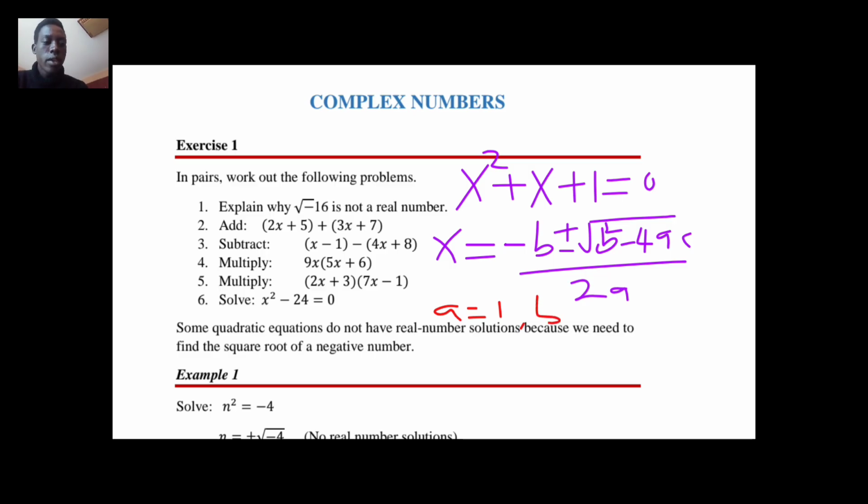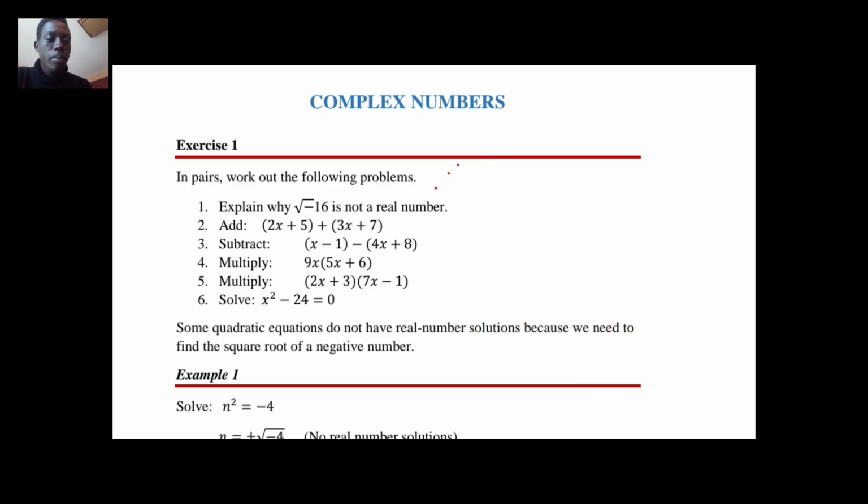Then the value of b is equal to 1. Here you can see their coefficients are 1, 1, and the value of the constant is also 1. So for this quadratic equation, let's substitute these values in the formula here.